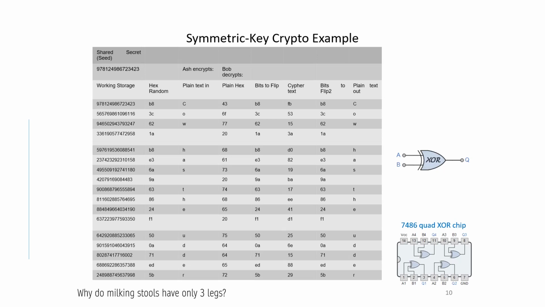But the intended recipient started with the same seed, came up with the same hex random. He simply takes the B8, flips those bits back again. That's what exclusive OR does.